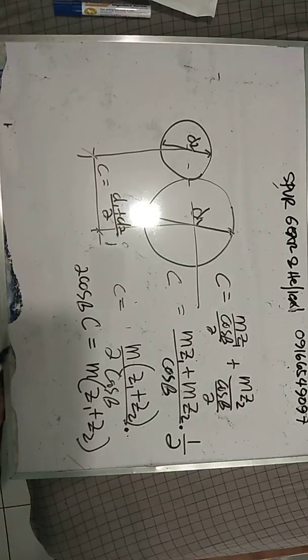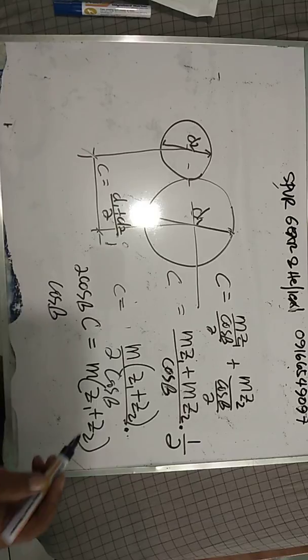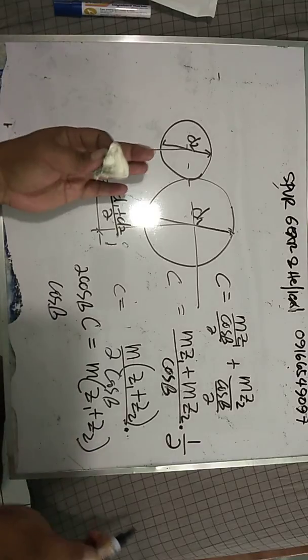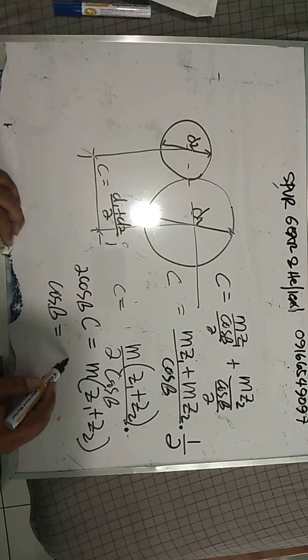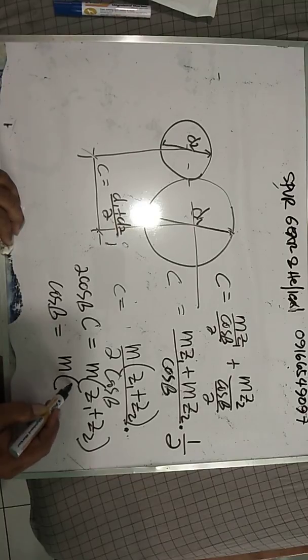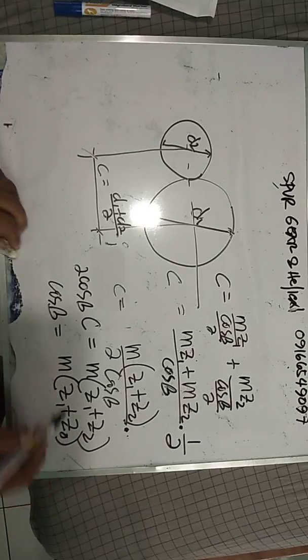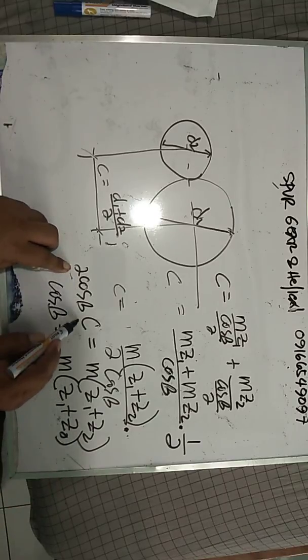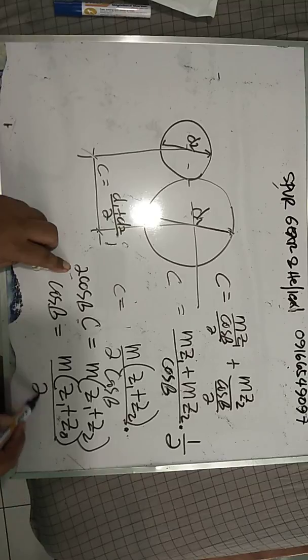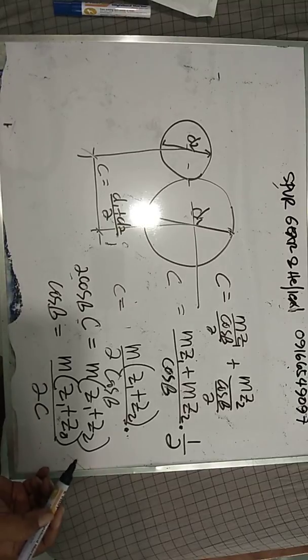So therefore cosine beta will become module times Z1 plus Z2, divided by 2C.